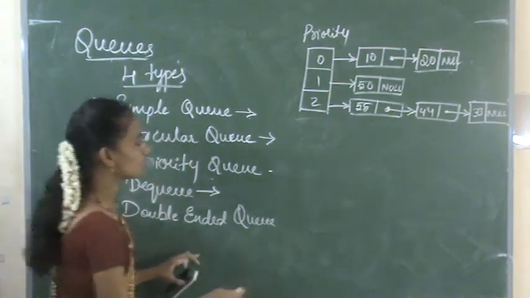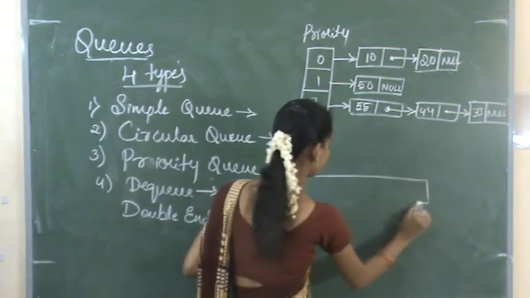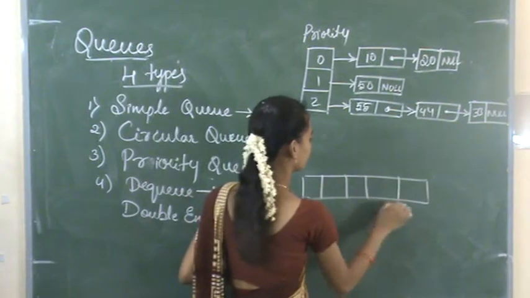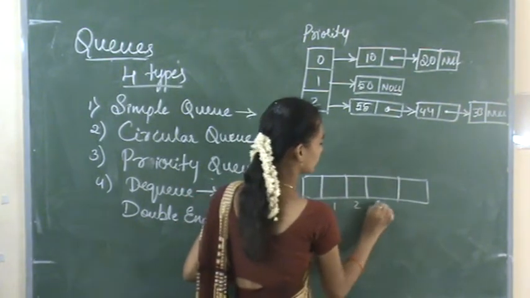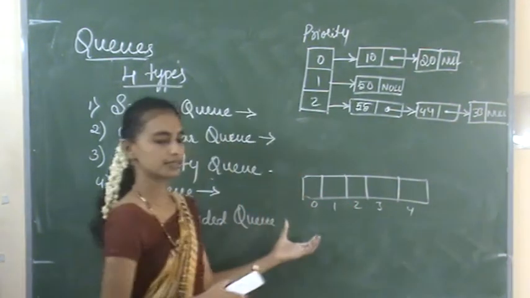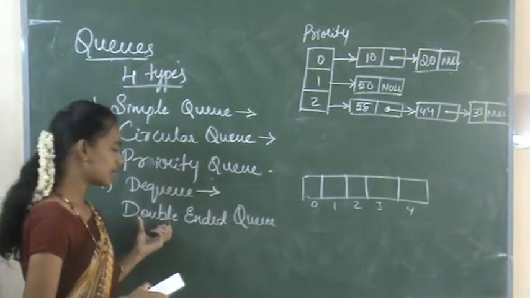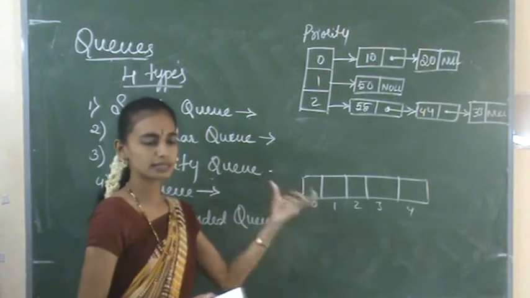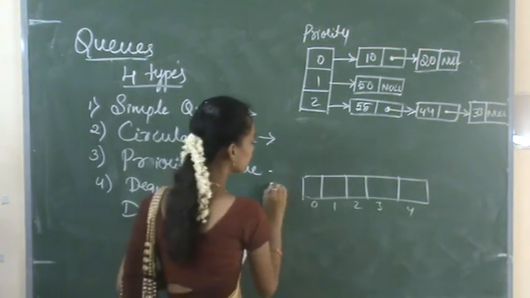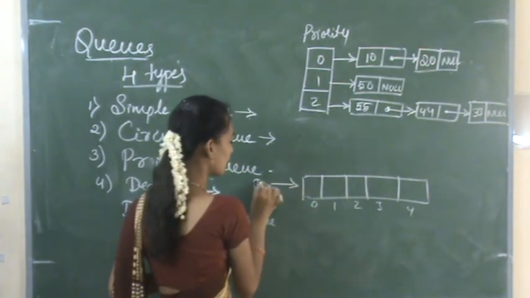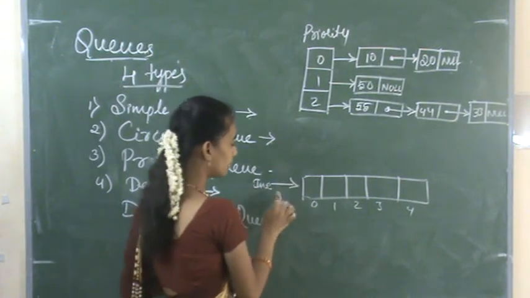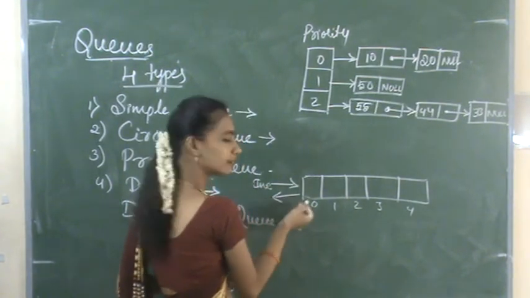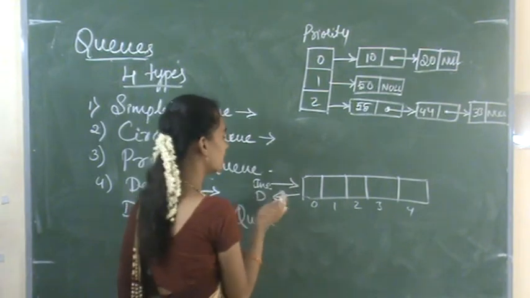Suppose consider this as a queue. As the name suggests, double-ended, this queue contains two ends, in which we can insert the element at the front end and also delete the element from the front end.